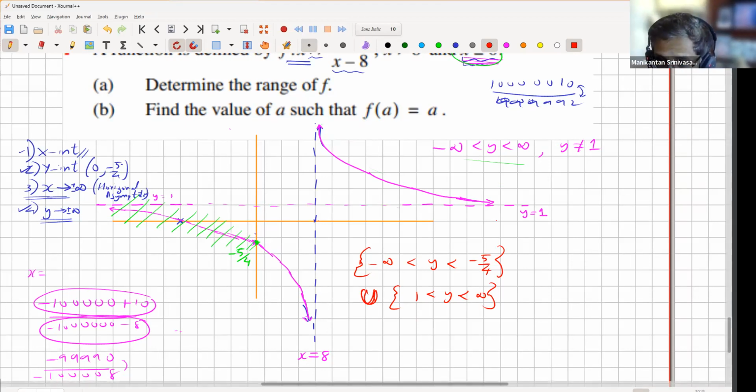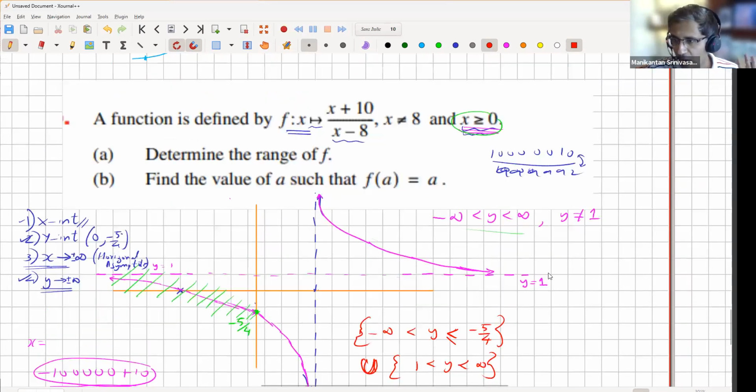You should be very careful where you put less than or equal to and where you put less than, because x equal to 0 was still valid, which means you can achieve y equal to minus 5 by 4. Are you guys completely with me? Dave, all good? Okay. It's always important to learn how to sketch a graph. Sketching will automatically answer what the domain and range are completely.